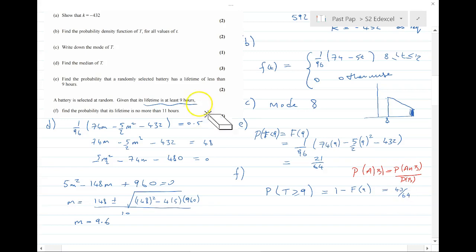And it says find the probability it is no more than 11 hours. Well, let's work out what the probability is without any restriction of it being more than 9. No more than 11, that's F11.